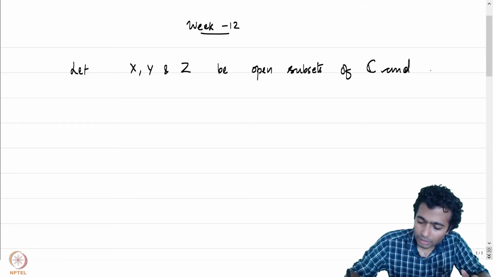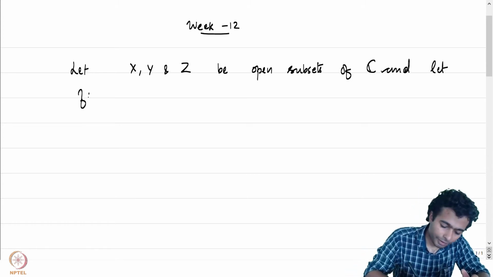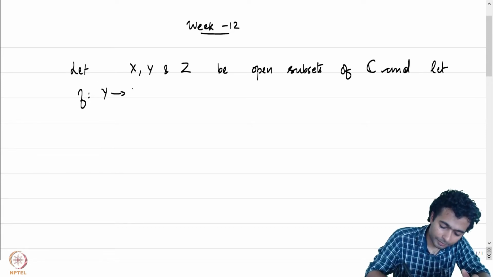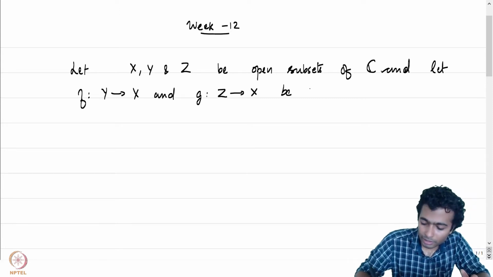And let f from Y to X, and g from Z to X be continuous maps.